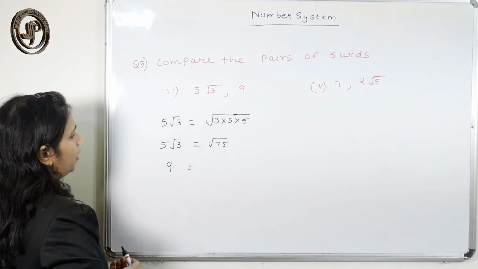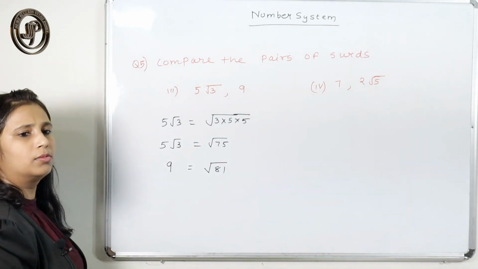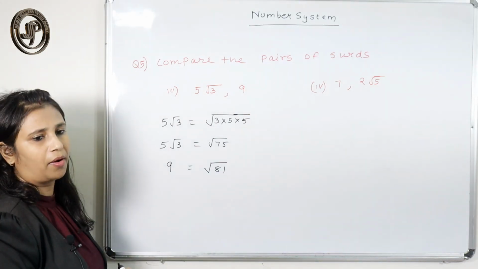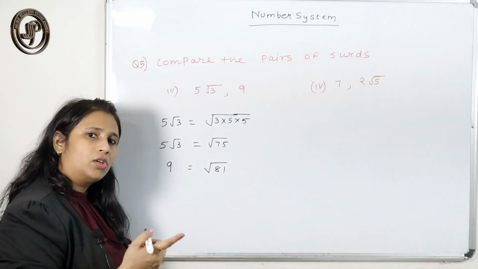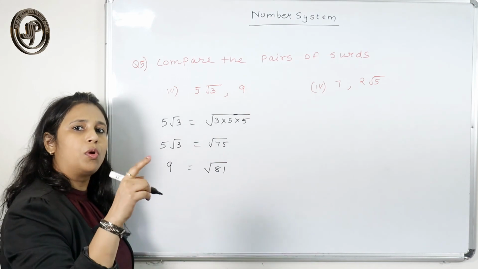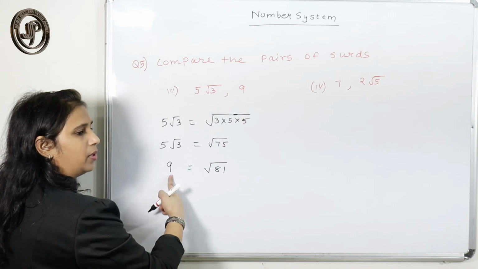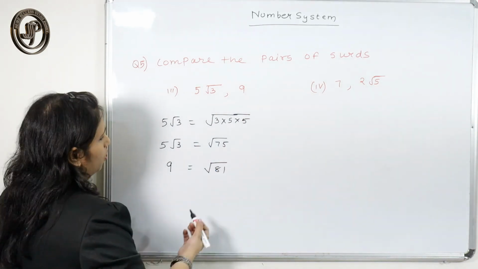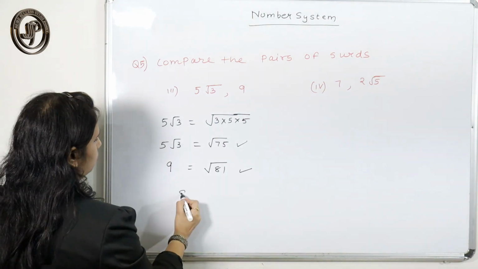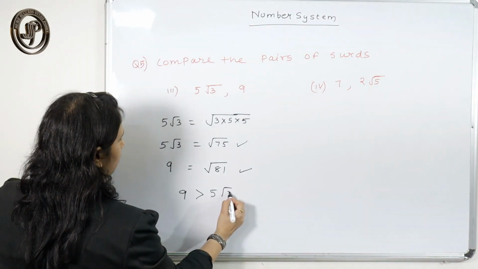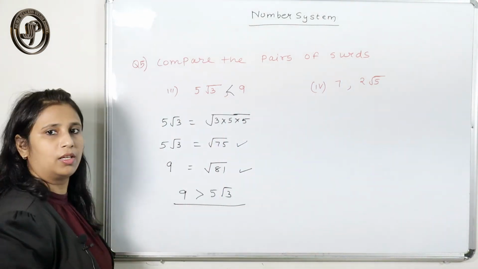What can you write 9 as? 9 you can write as root 81, because you have to write it in terms of root only, then only can you compare. So 9 you can write as root 81, because last year you did that root 81 is 9, root 16 is 4, like that. Square root of 81 is 9. Now you can compare these two. Which one is greater? This is greater, so simply you can write 9 is greater than this, or you can just put this sign here.